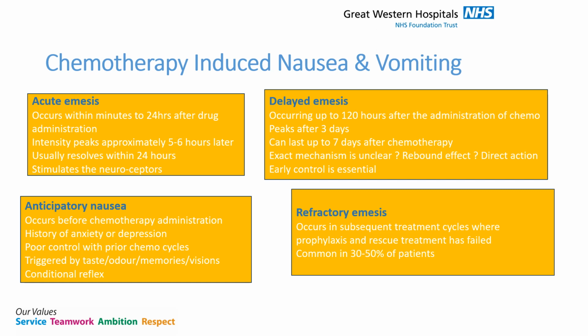So if we just move on to the bottom now, we will look at anticipatory nausea. This often occurs in that group of patients who've had a previous bad experience with nausea and vomiting. It may be they've been really sick with previous chemos, or it may be that we've had poor control of their nausea in their previous treatment.